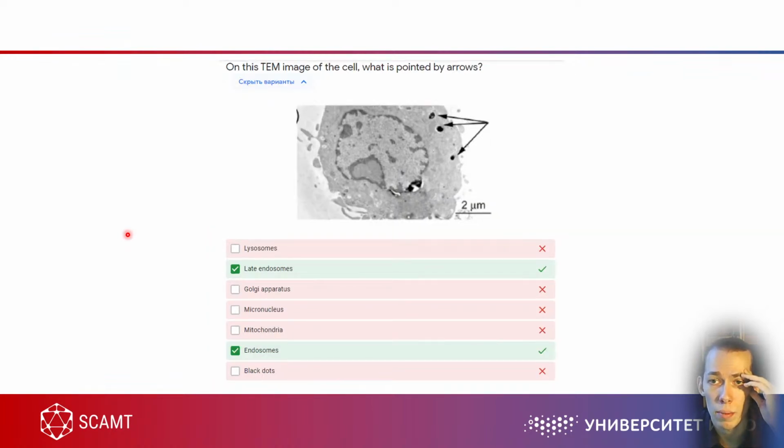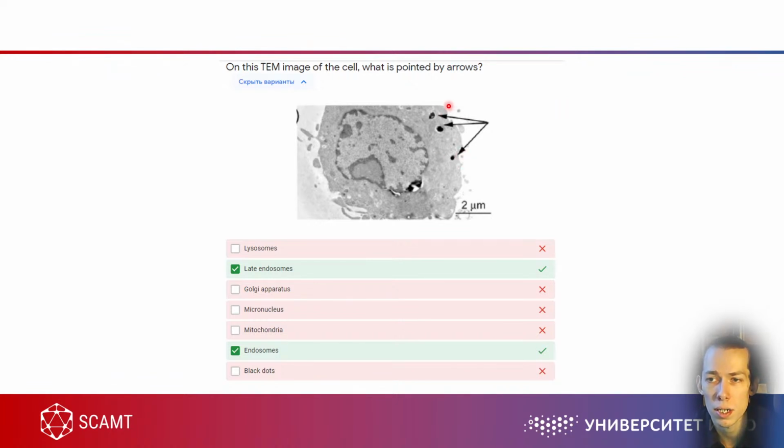On the TEM image of the cells, what is pointed to by arrows, we cannot know for sure, but it's a matter of distinguishing, because it is definitely some kind of nanoparticles. And if they are located inside the cell, as mentioned in the question, a TEM image of the cell, they will probably be located in endosomes or late endosomes, because there are no other places to be located.